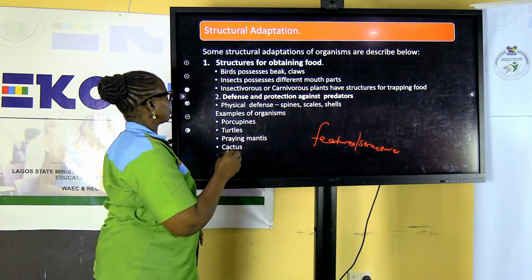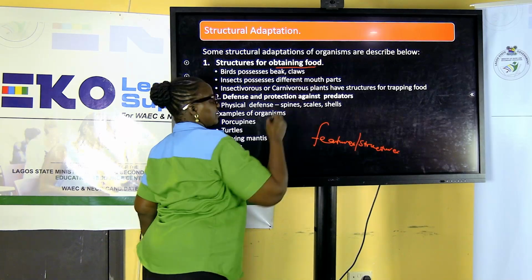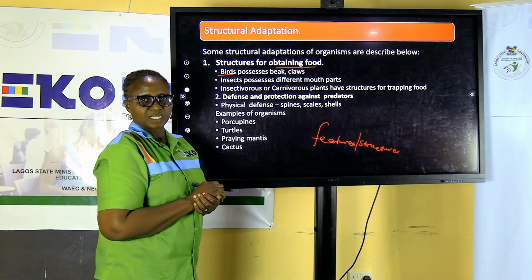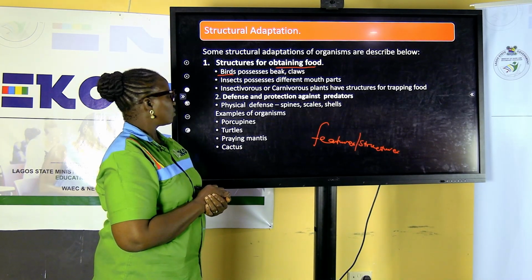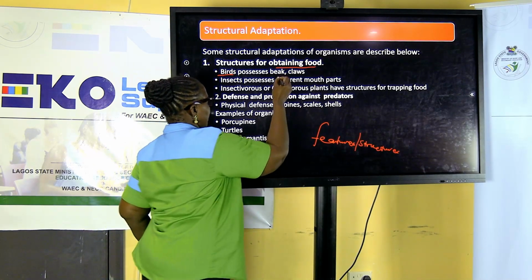We have structures that enable organisms to obtain their food. The first example that we are looking at is a bird. That is an animal. What is the structure or the features that we are looking at?